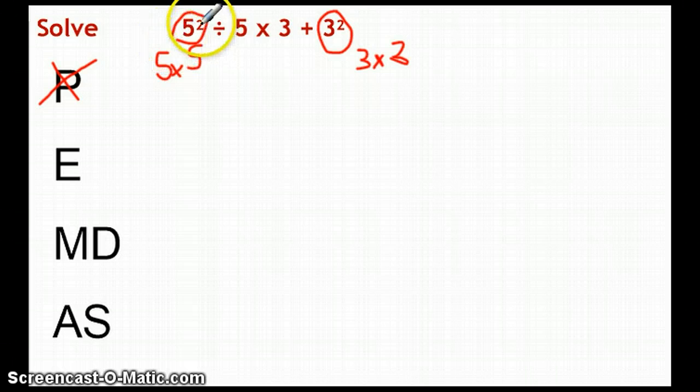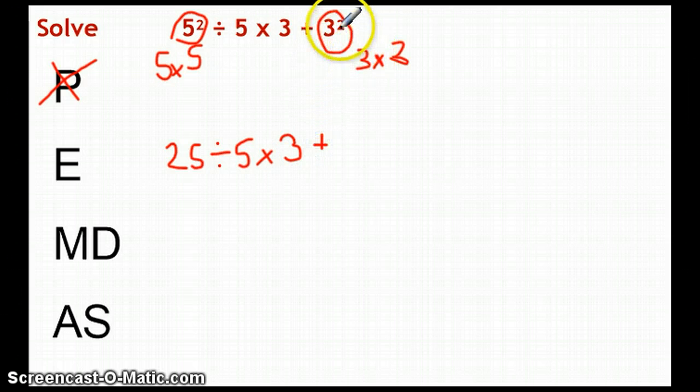So let's rewrite this. 5 times 5, or 5 squared, is 25. Bring down our division. Bring down our multiplication. And our addition of 3 times 3, or 3 squared, which is 9. Okay, now we're done with the exponents.